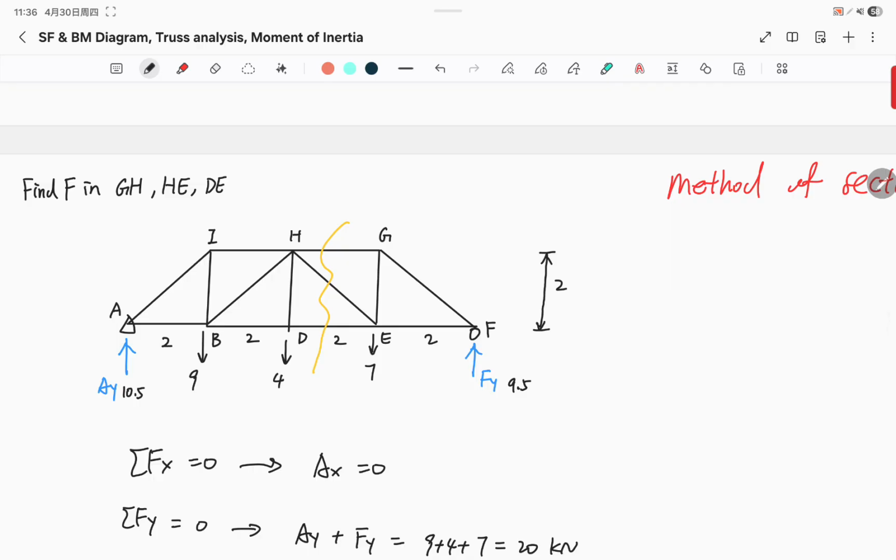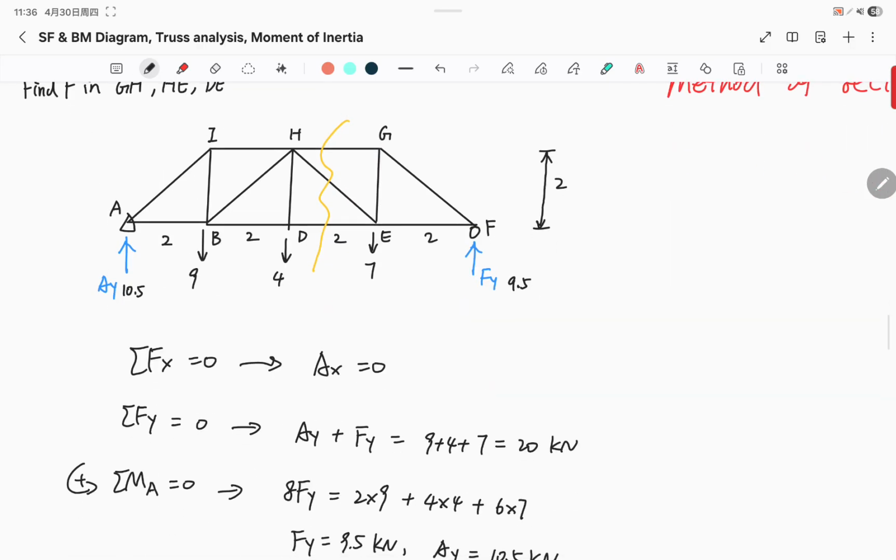Now we can draw the free body diagram. When you make a cut, you keep the left hand side or right hand side. It's always a good idea to keep the simpler side. In this case, the right hand side seems simpler than the left hand side because we have 2 forces instead of 3 forces. So let's keep the right hand side of the structure.